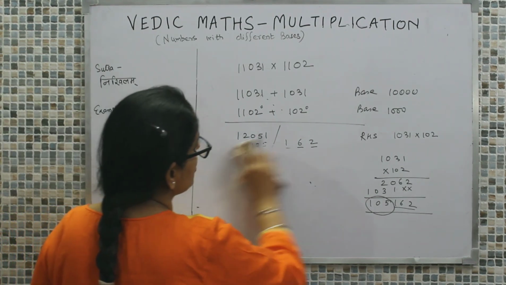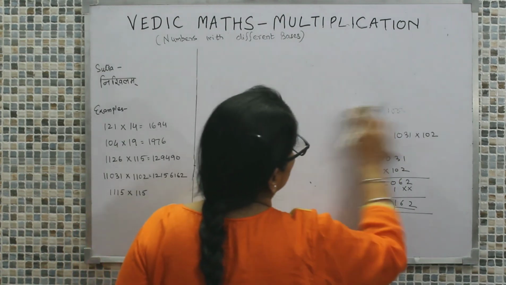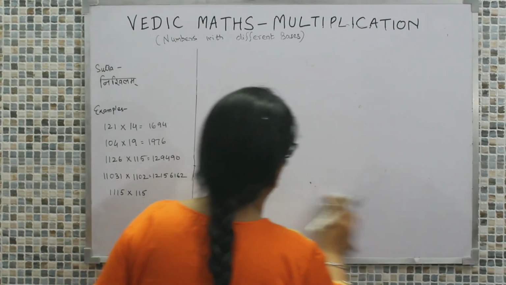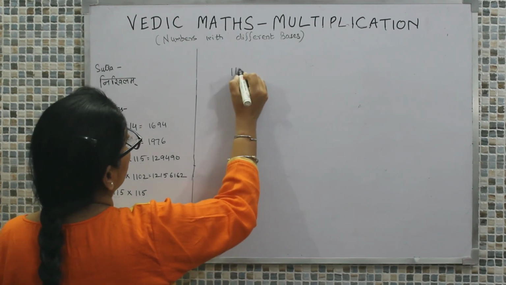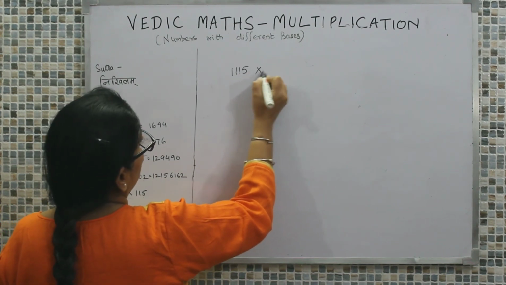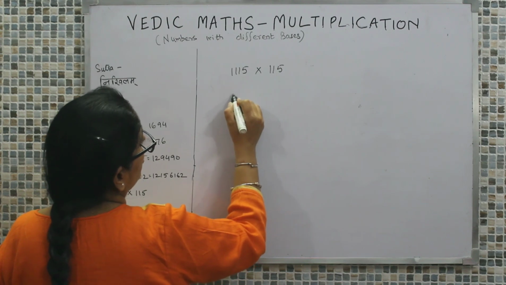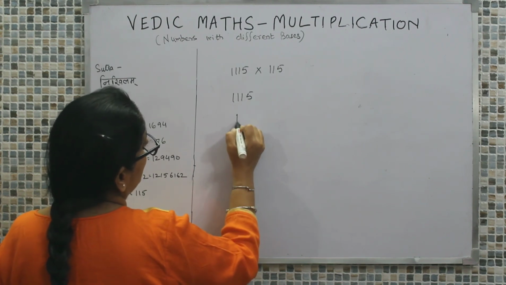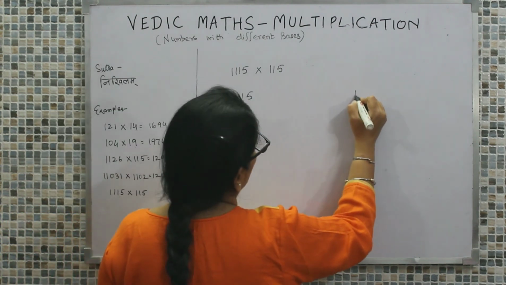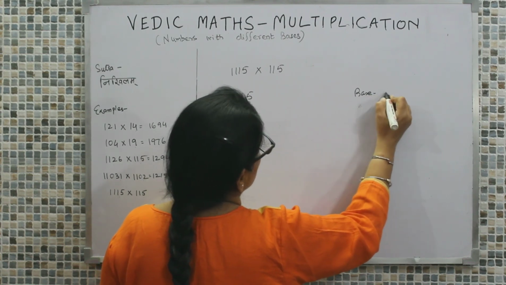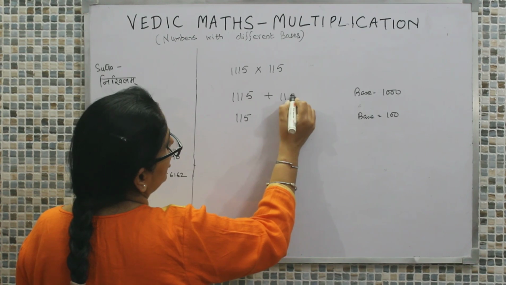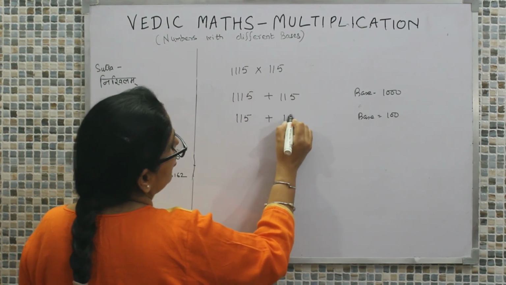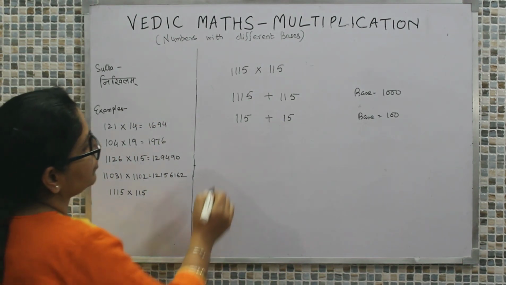Now let's take the last example. So we have 1115 into 115. Here the base value is 1000 and this value is 115 more and this value is 15 more.